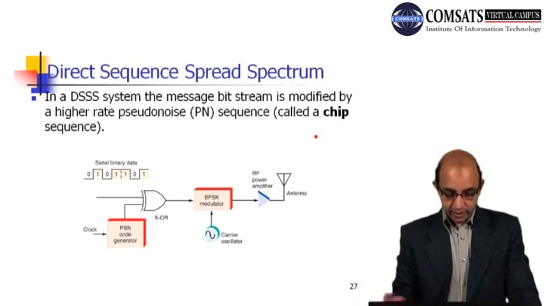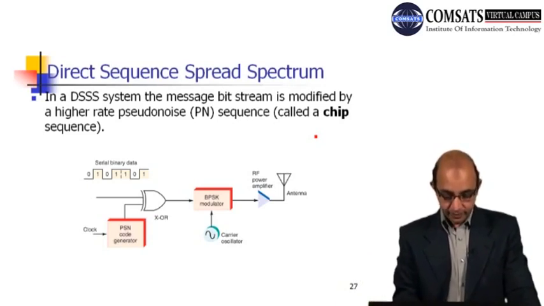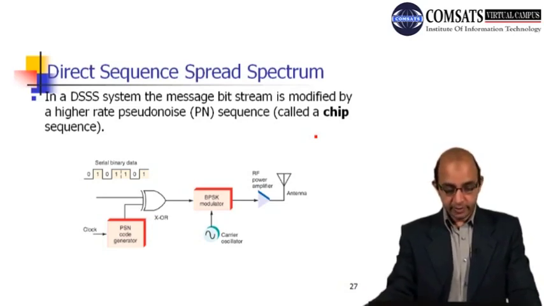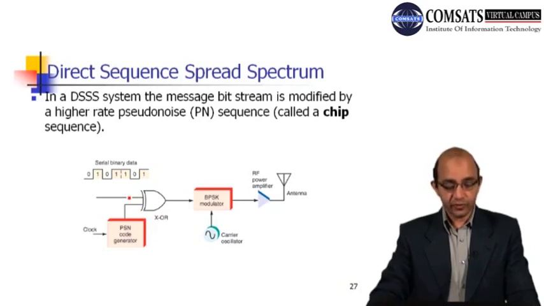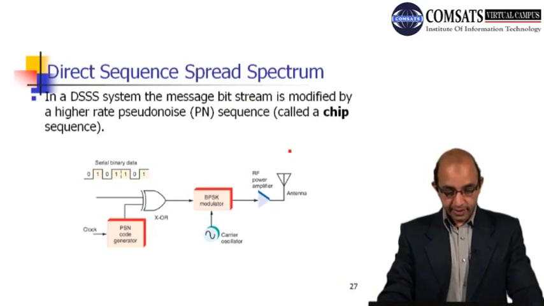Let me explain the functionality of this XOR gate over here. Let's wait for some slide, then we will talk about the functionality of XOR and the property of the XOR that is being exploited here in order to have the chipping sequence, right?